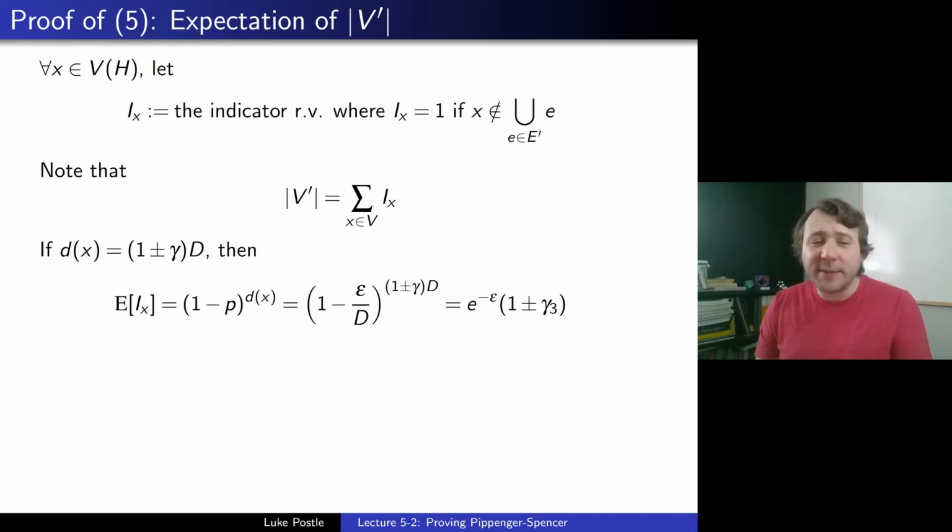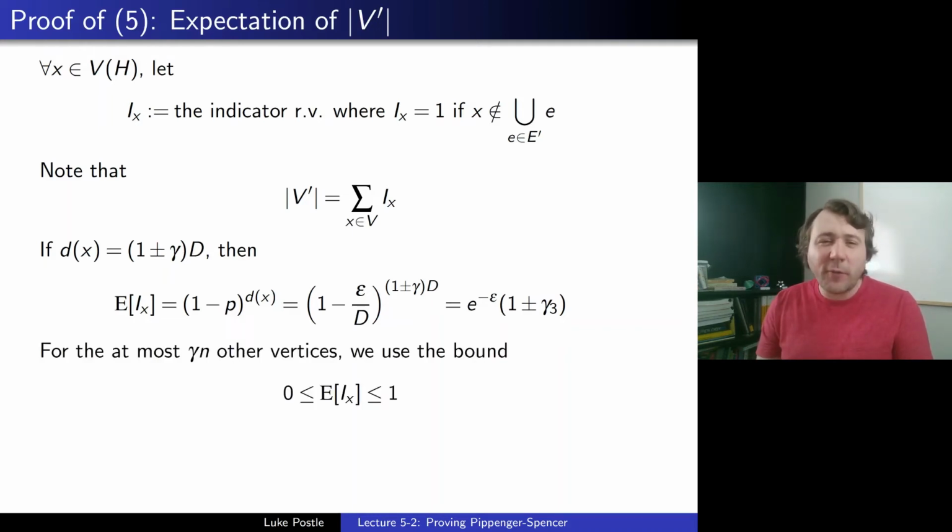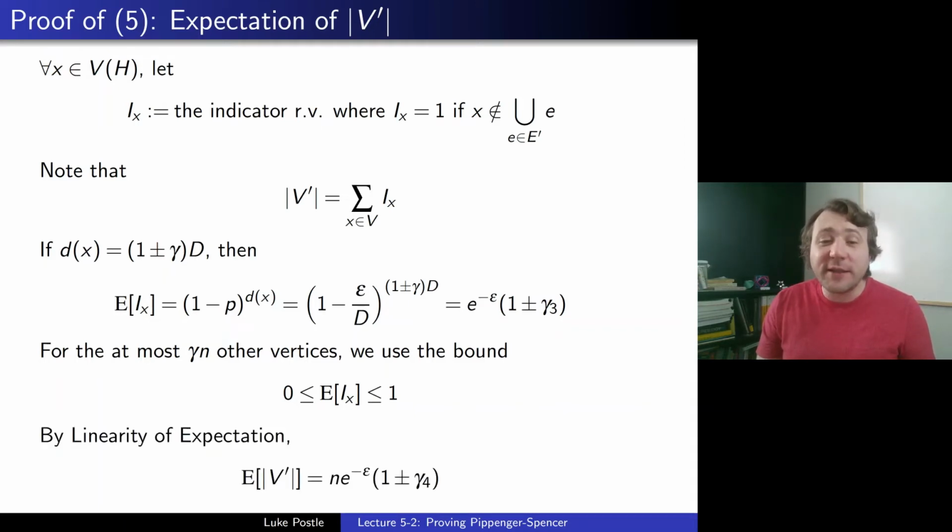We know what the expectation is. What about the other ones? Well, for the most gamma n other vertices, we'll just use a very simple bound. The expectation of the indicator variable is somewhere between 0 and 1. I mean, it's either in or out. So that's not saying a lot. That's not a very good bound at all, but there's so few of them it won't matter. So when we do the linearity of expectation, we'll have gamma n of these vertices, so there'll be some error there since we can't really control the other ones.